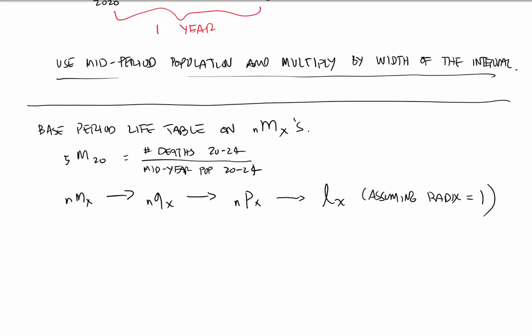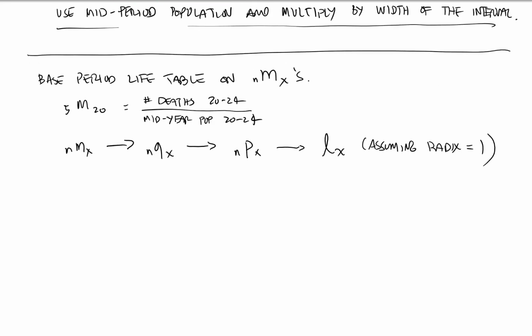In this case, we're going from nMx to nQx to nPx to lx, and then to the nDx's, and then to the nLx's, and then to the Tx's, and then finally to the expectation of life.